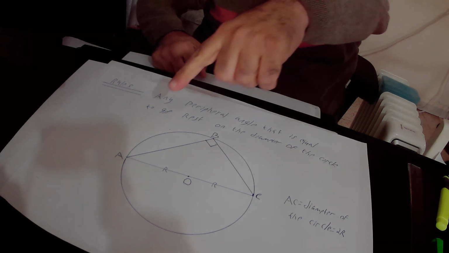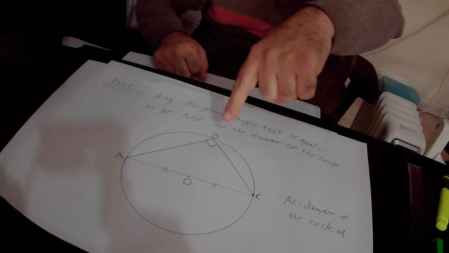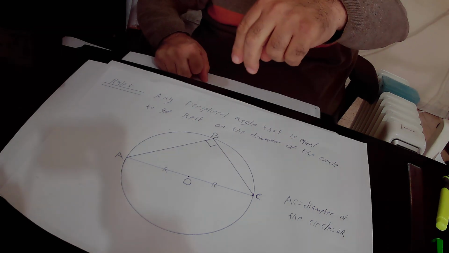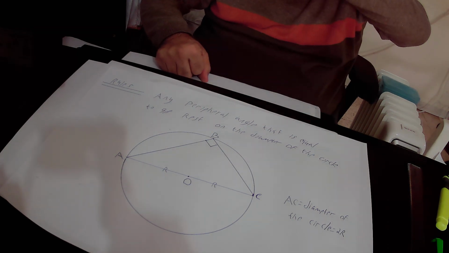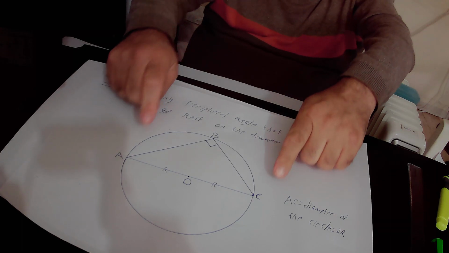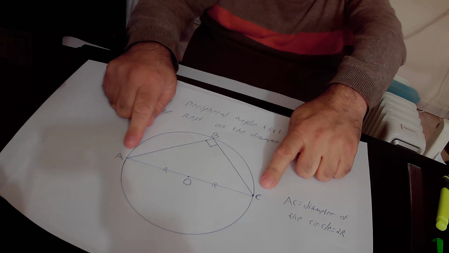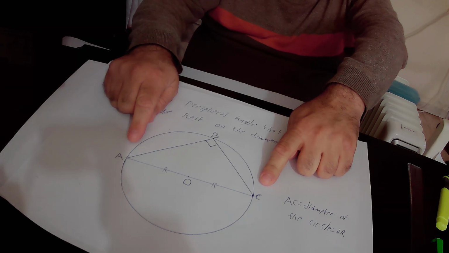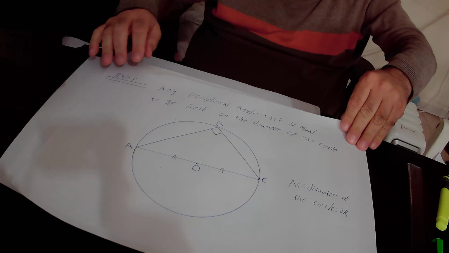So we have here peripheral angle ABC that is equal to 90 degrees, therefore this peripheral angle must rest on the diameter. And AC is indeed the diameter of the circle. So we can implement rule number 5 in our drawing.